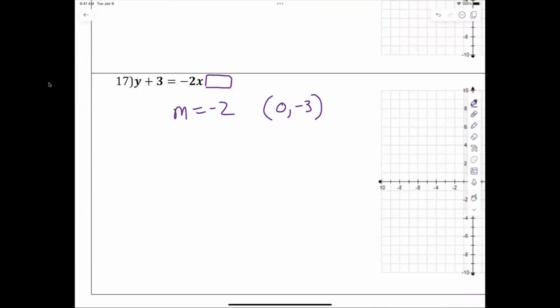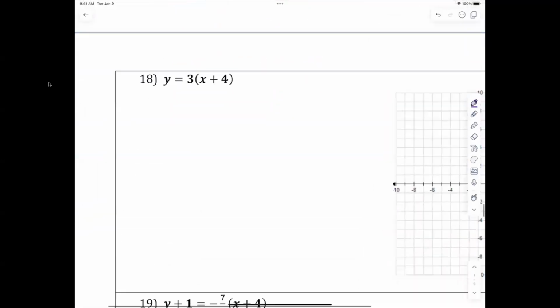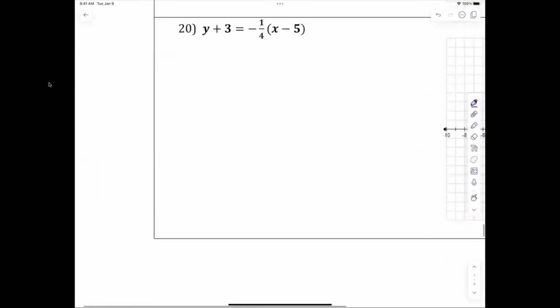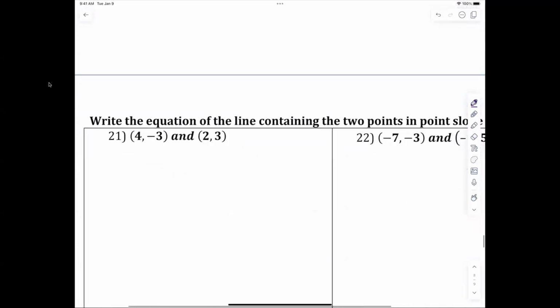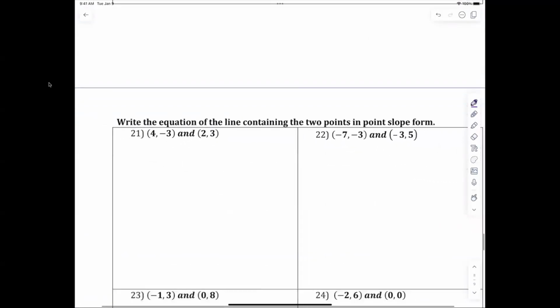Good. All right, here we go. Skip 18, 19, 20. You can do those now. Now, please listen carefully. It's not difficult. I'm asking you to write the equation of the line in point slope form.